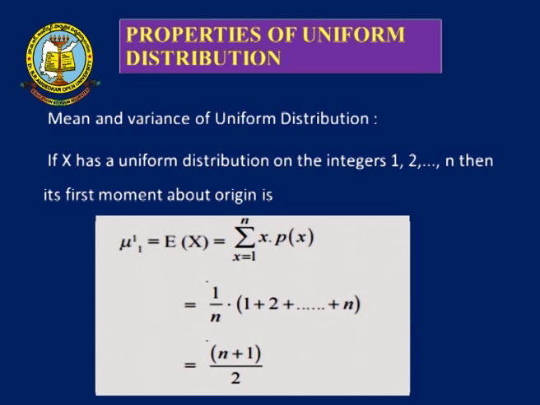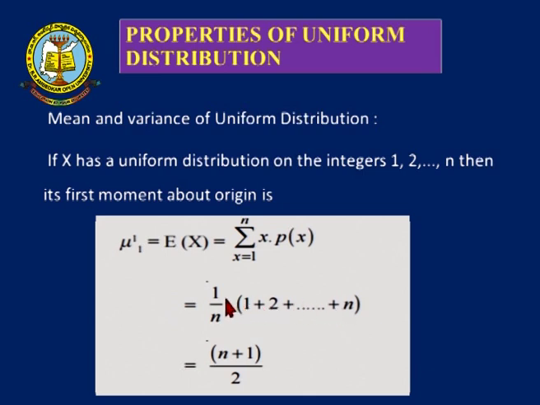Now, we can substitute the values. This gives 1 by n of 1 plus 2 plus and so on up to n, the sum of the first n natural numbers.